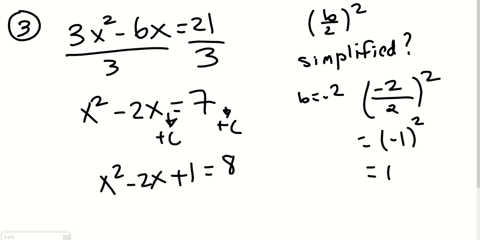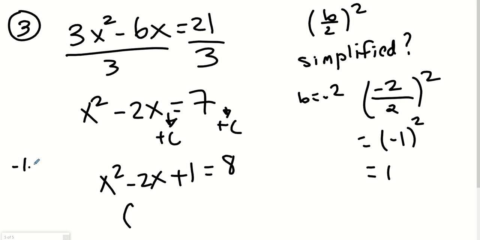So now we have a trinomial and 8. Okay, so now, just like how we did a second ago, I'm going to factor this. Okay, and it wants us to leave it as a factor squared equals a value. So this is going to be the same as 1 multiplies to 1 and adds to negative 2.